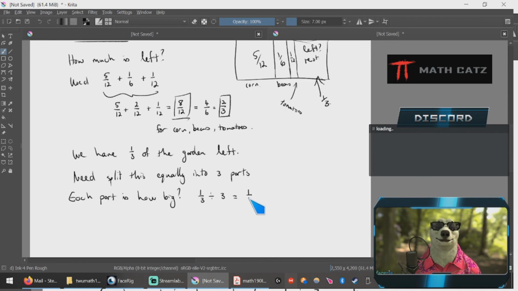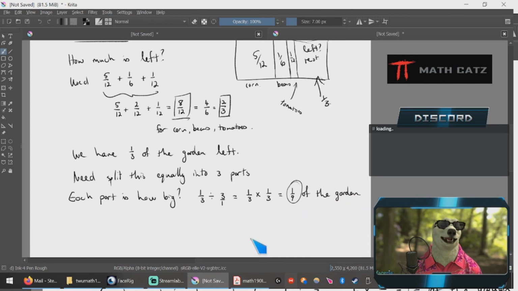That means, well, that is division by a fraction, if I want to see it like that, which is multiplication by the reciprocal, which is 1/9. So each part is 1/9 of the original garden.